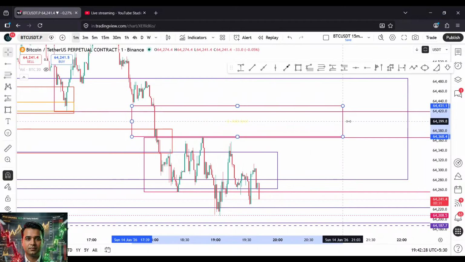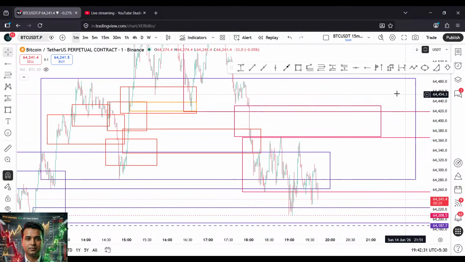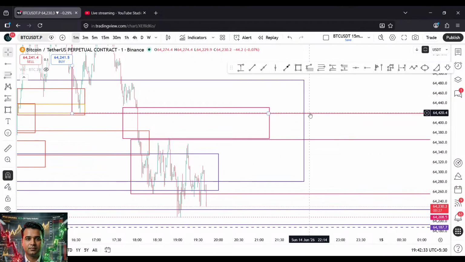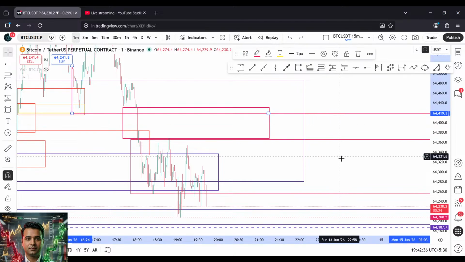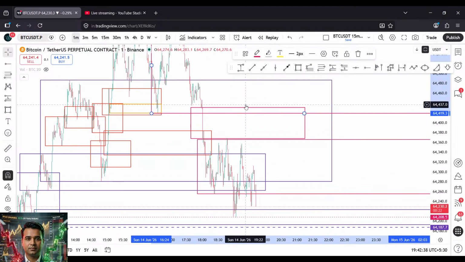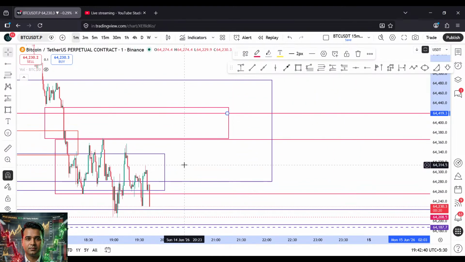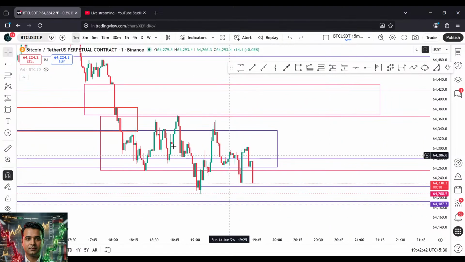And what did price do? Price goes back up and hits the mouth of this zone, and then came down.